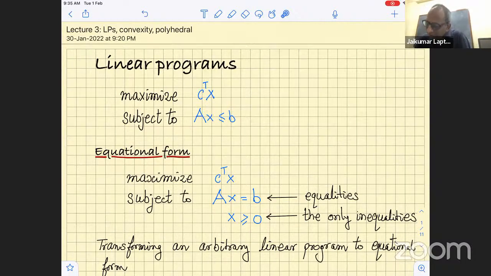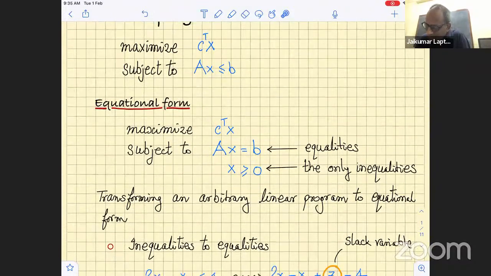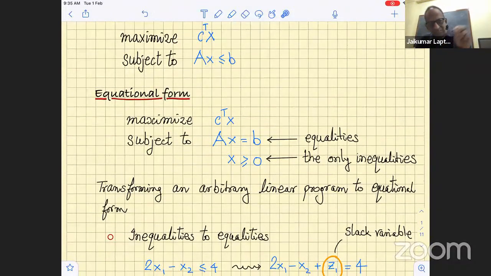Let us call this the general form of a linear program. Now, when we do the simplex method and try to analyze algorithms for linear programs using the simplex method, we will use what's called the equational form of the linear program.